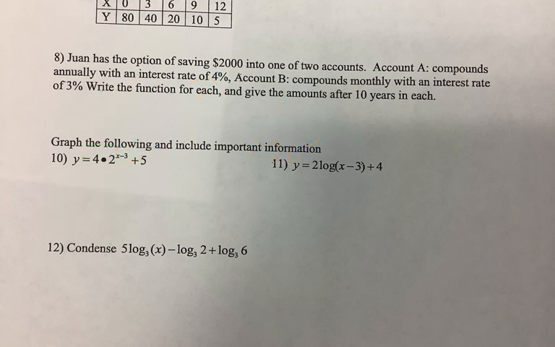Okay. The next one here is a log. Same thing, we need a locator point. Now it's the inverse. So instead of having a horizontal asymptote, it's going to have a vertical asymptote at 3. So this is right 3. And again, it's because it's what makes the inside 0. And if logs are funny, you set the inside equal to 1, because that's what makes a log 0, is when the inside's 1.